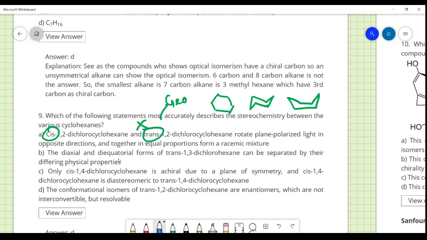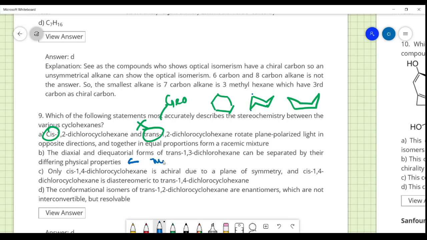Okay. The diaxial and diequatorial forms of trans 1,3 dihexane can be separated by differing in physical properties. So axial and equatorial, again 1 and 3, 1 and 2, 1 and 4, 1 and 3 should be there. Okay, they actually possess physical properties.